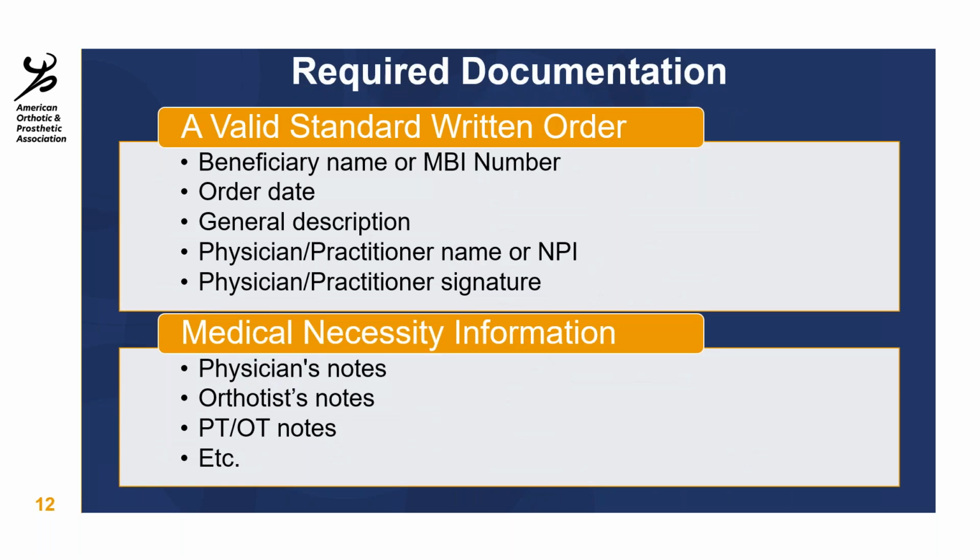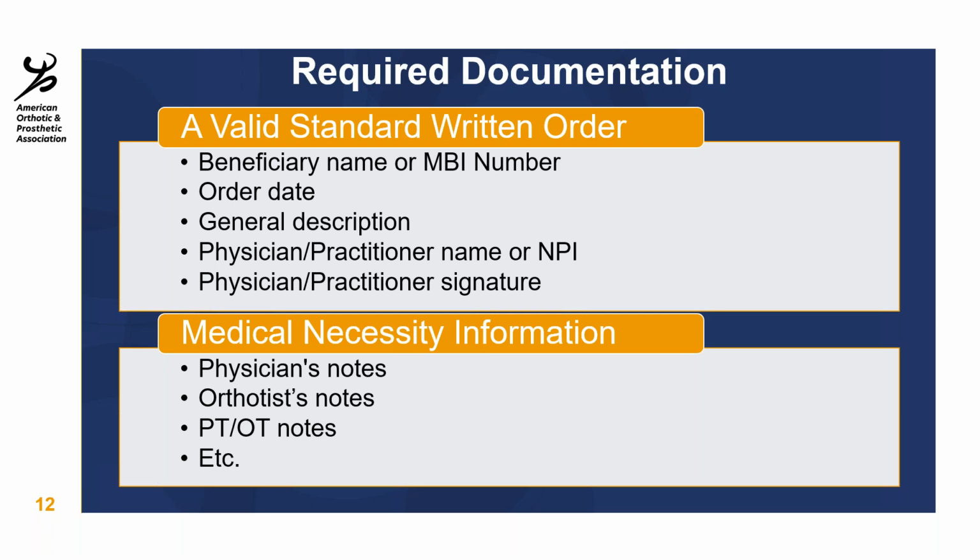Next up, for your must-include information is going to be a copy of your valid standard written order. I'm not going to go into great detail about the standard written orders, but just remember that the valid standard written order must include the patient's name or their MBI number, the order date, a general description of what is being provided, and that can be the HCPCS code and descriptor, just the HCPCS code, or just the descriptor.